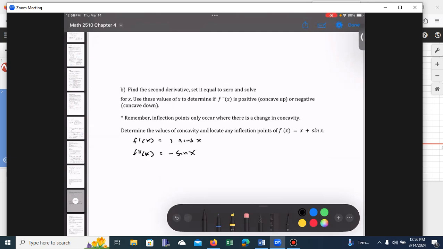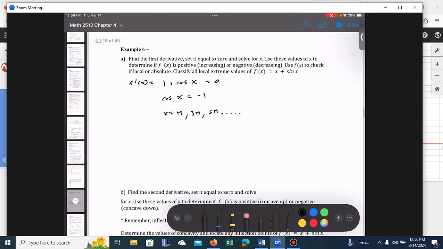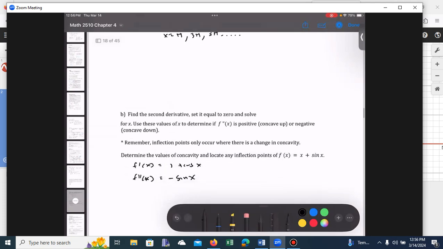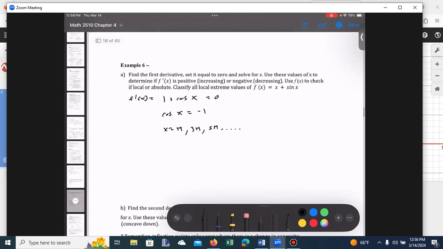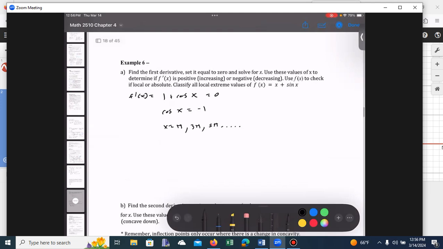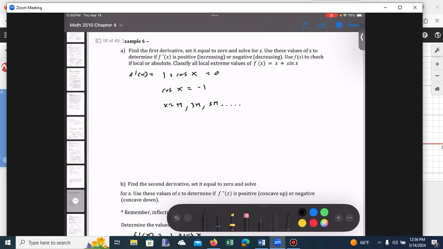And so if we plug in pi, 3 pi, 5 pi, we're going to end up having the second derivative equal to 0. So this wouldn't tell us anything, so it's inconclusive with that test. Okay. So let's go now to the first derivative test.